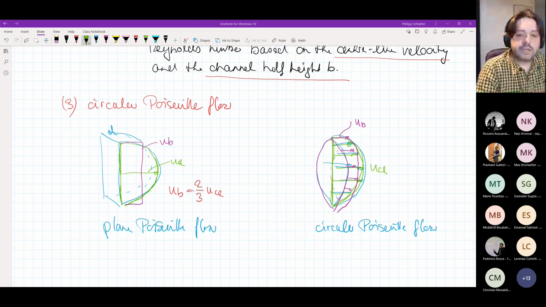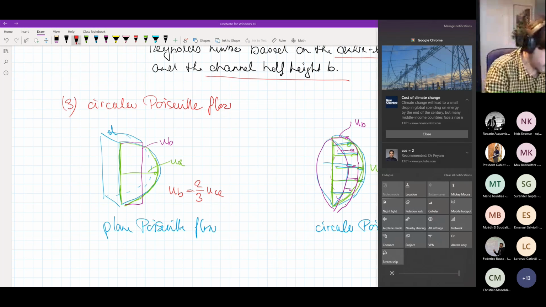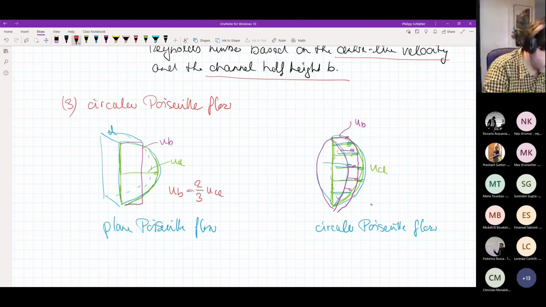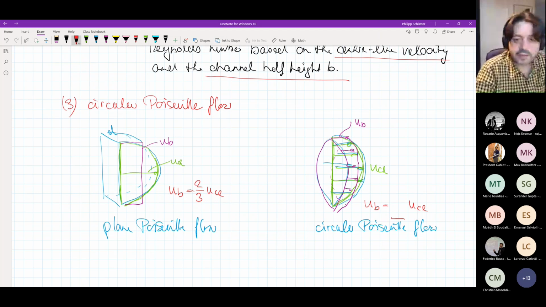So this UB, how does this relate to UCL in pipe flow? Either is it 1.5 or 2/3 if you write it in this way, as in channel flow, or is the factor maybe a factor of 2 or 1/2, or is it 4/3?